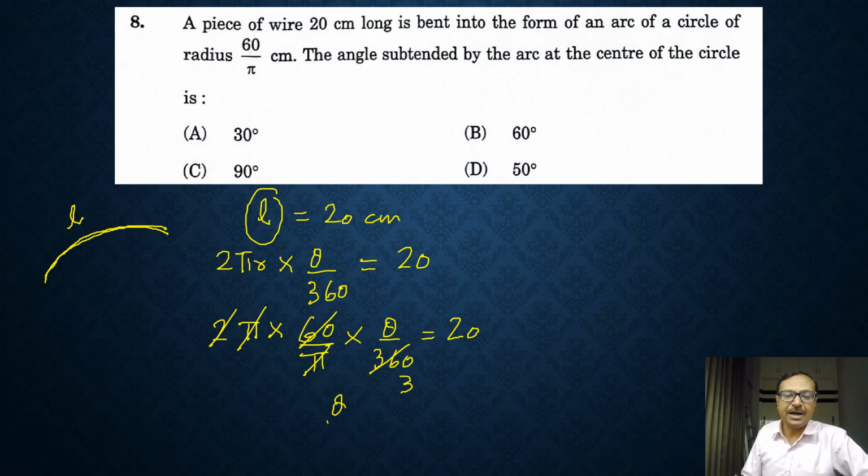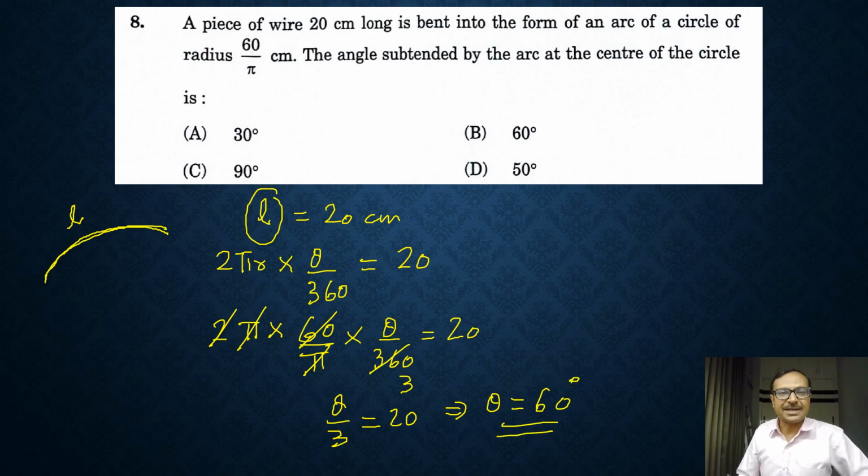And so theta upon 3 gets you 20. And that means theta is 60 degrees. So this is what he was asking us to find, right? The angle subtended by the arc at the center of the circle is 60 degrees. So option B happens to be the correct answer for this particular question.